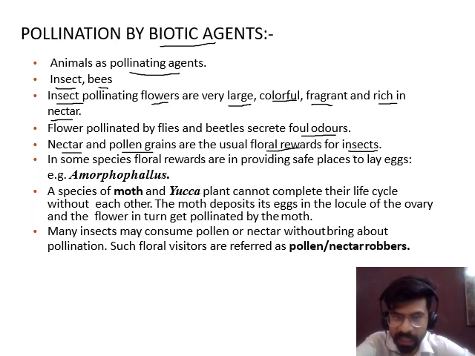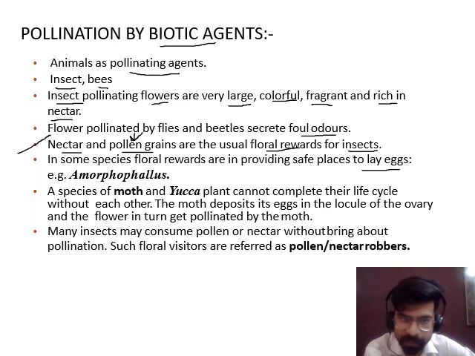So insects take nectar and pollen grain from the flower. Got it? Sometimes an insect also lays eggs. Insects lay eggs in the flower, in the area inside the flower. It will lay some eggs.